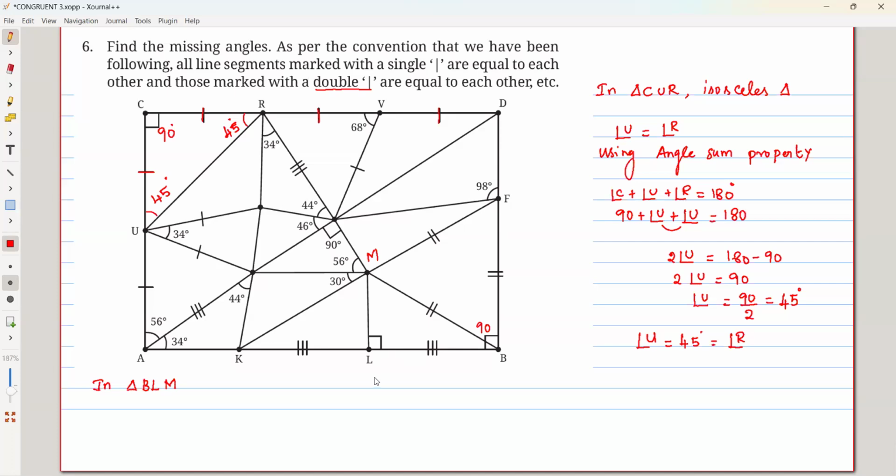Then how will you find out the angle? Is there any connection? How will you find this angle?